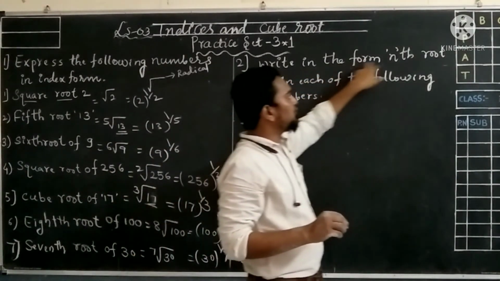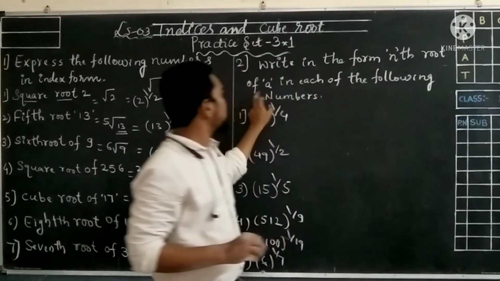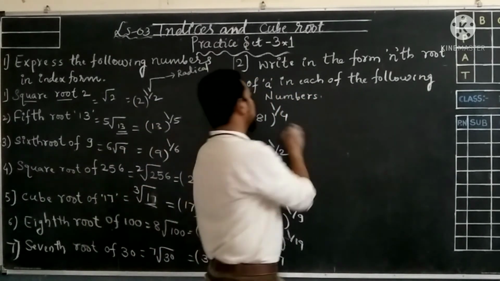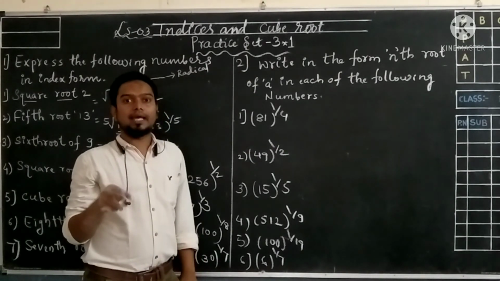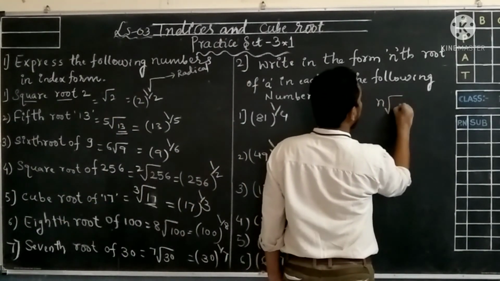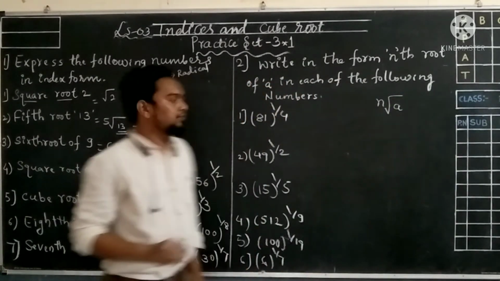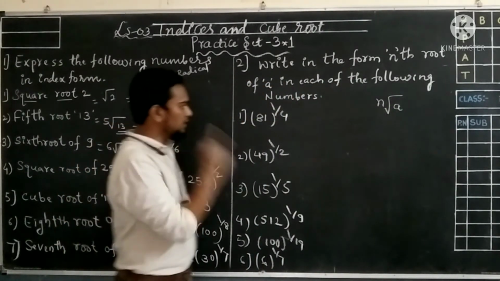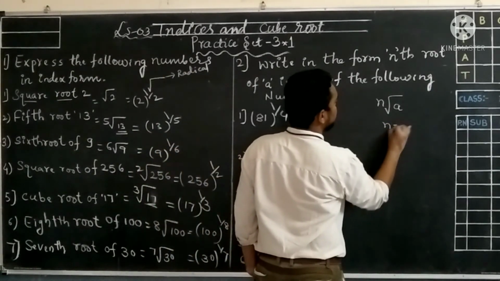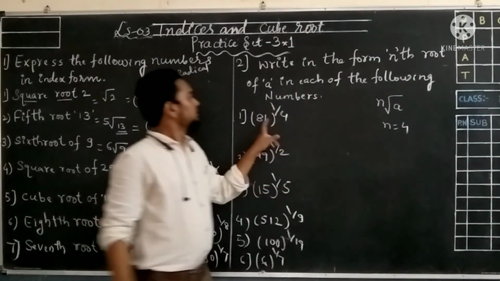Next, second question. Write in the form nth root of a each of the following numbers. First of all, this number is converted into nth root a. Here, fourth root means n is equal to 4.